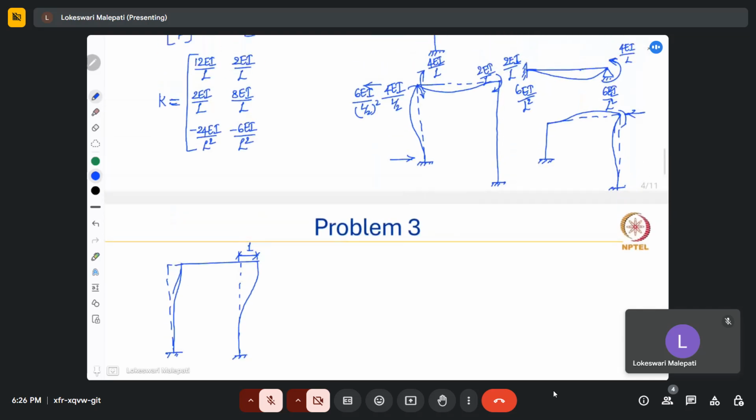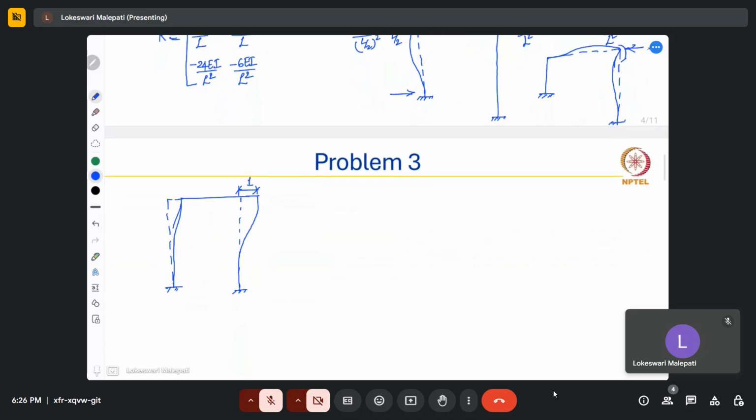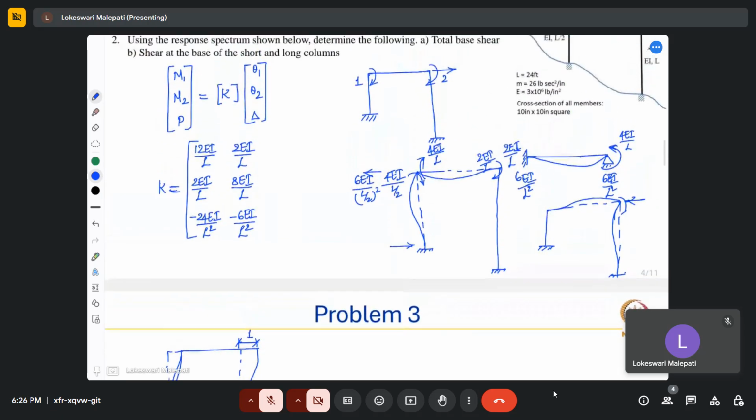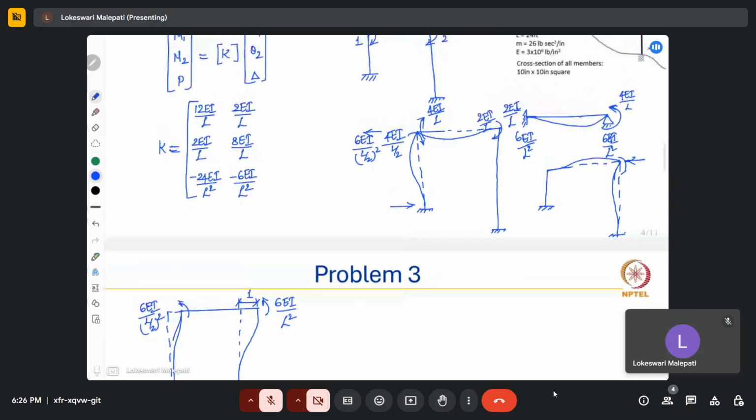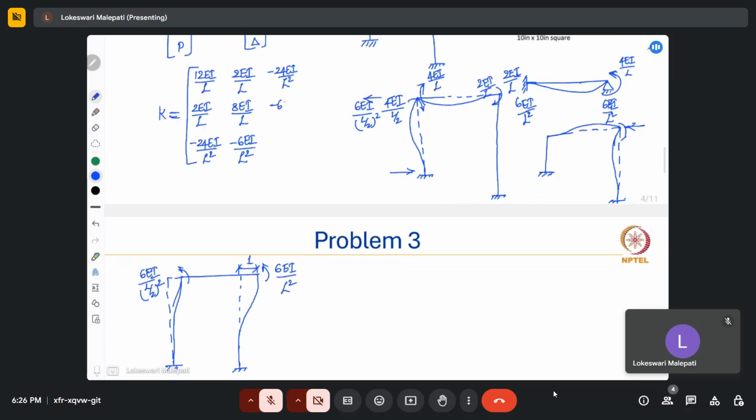In this case, what would be the moment? So the moment would be opposing this, and it is 6 EI by L square here and 6 EI by (L by 2) the whole square here. So we have the two components: this is corresponding to theta 1, that is minus 24 EI by L square, and this is minus 6 EI by L square.